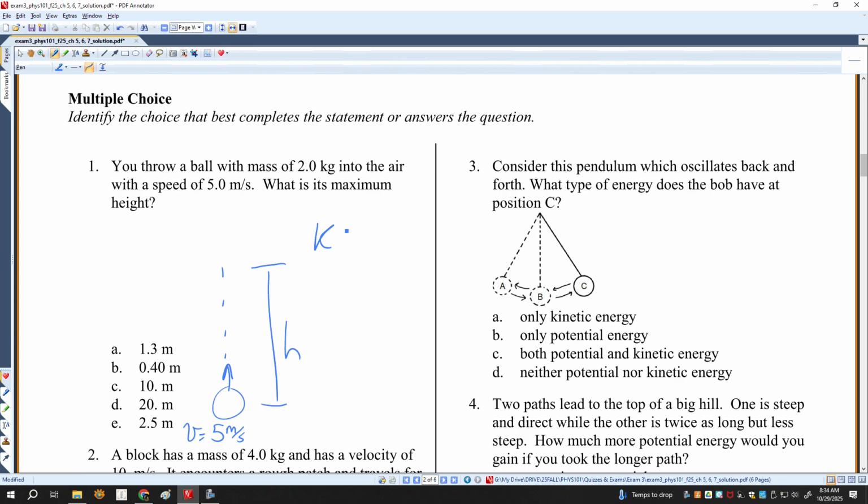I say kinetic energy at the bottom equals the potential energy at the top, and I solve for H. The m's cancel. H is equal to, what's that, 12.5 over 10, or 1.3 meters.